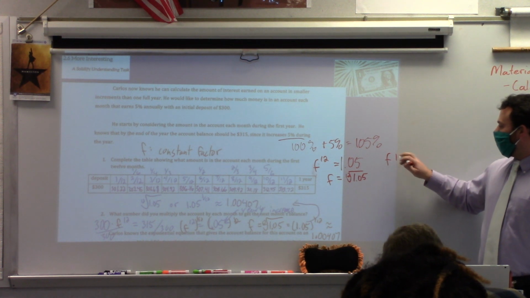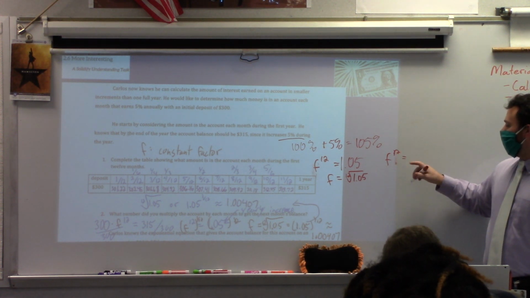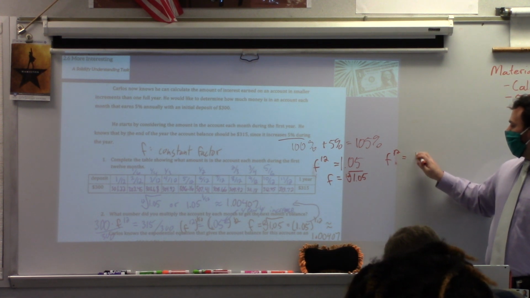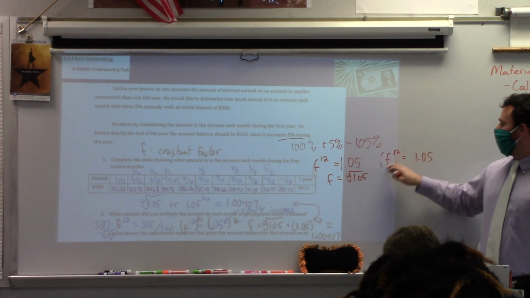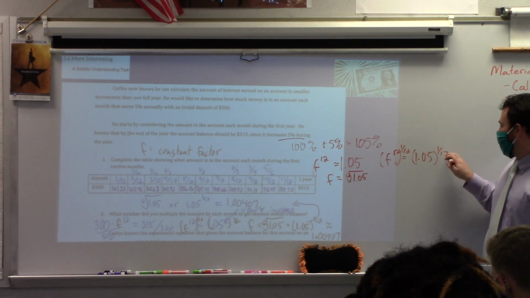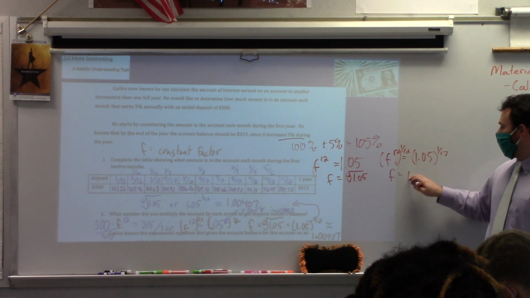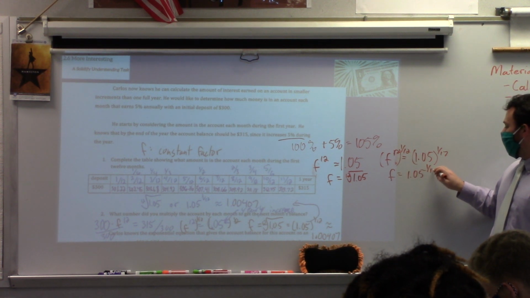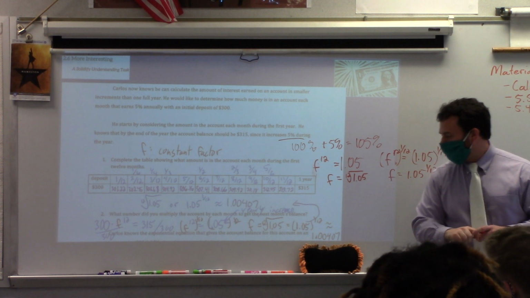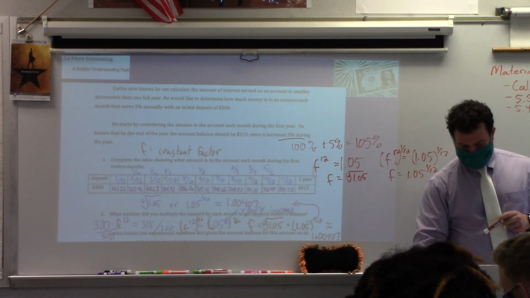Instead, you could just raise it to the 1/12, because when you raise a power to a power, you multiply them, so f would just be 1.05 to the 1/12. All those ideas were important. We explained all of them, we're good to go, right?